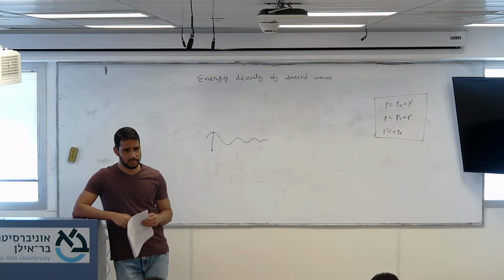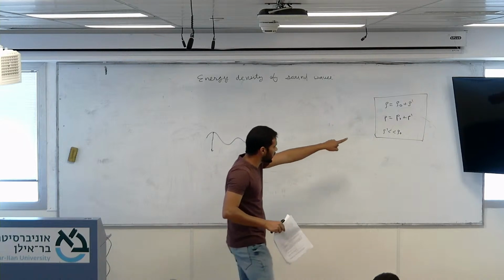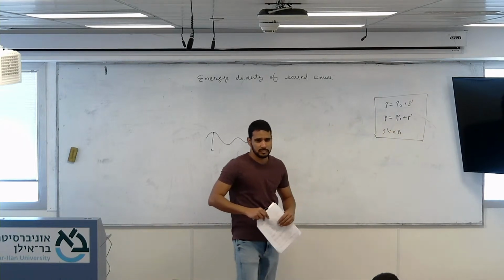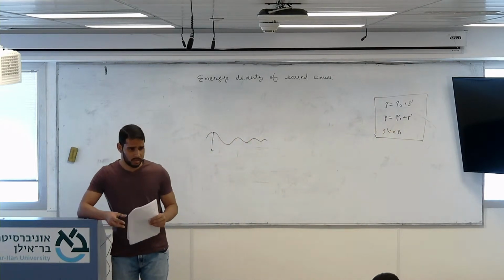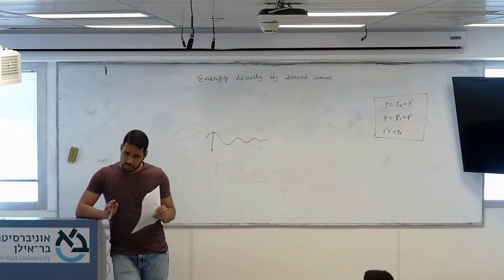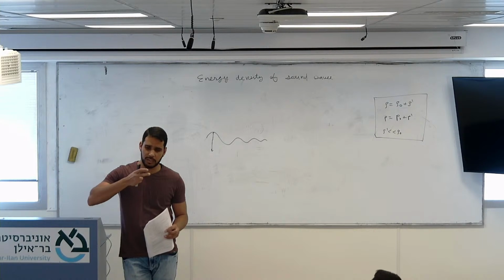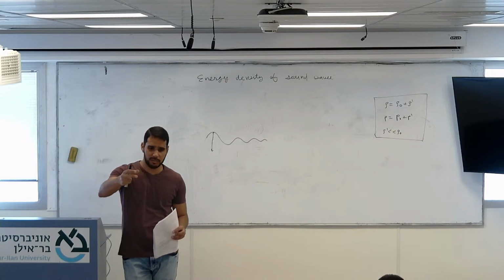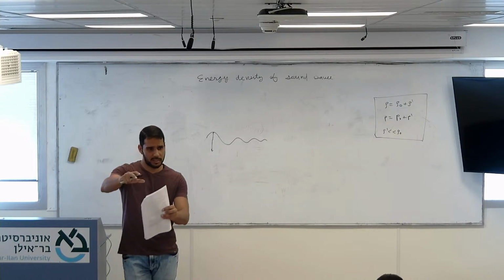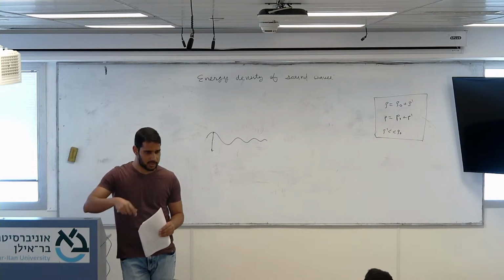It does create pressure change as well. There is a force. So energy propagates. When one oscillation takes place, another oscillation takes place; one oscillation gives energy to the other part. This is how it propagates.